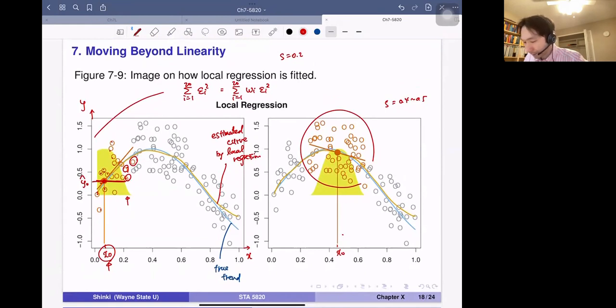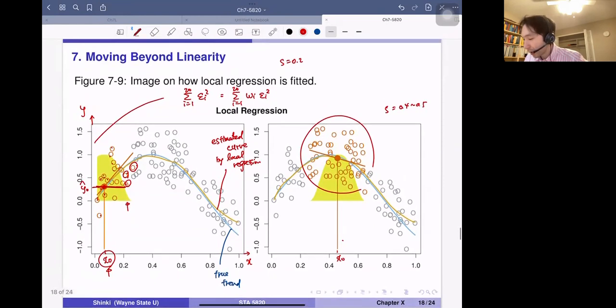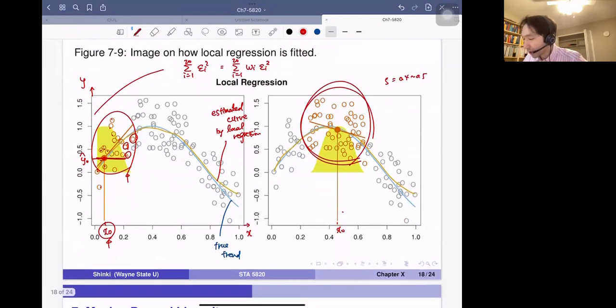Probably this figure shows that s is a pretty large number, such as 0.5 or something, maybe even close to 1. But we only colored these observations red when the weight is larger than some value. That's why we have only 20 observations here and probably about 50 observations here. So it's not necessarily the case that we must have a small s.